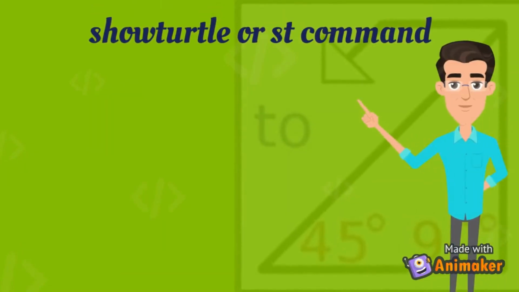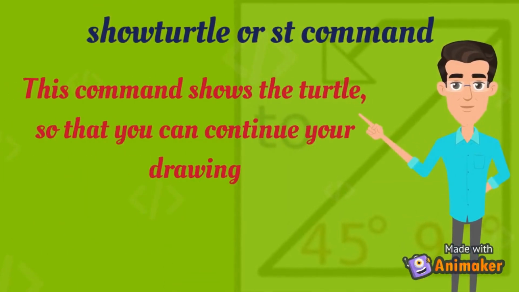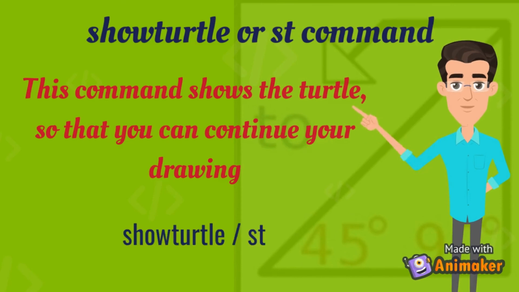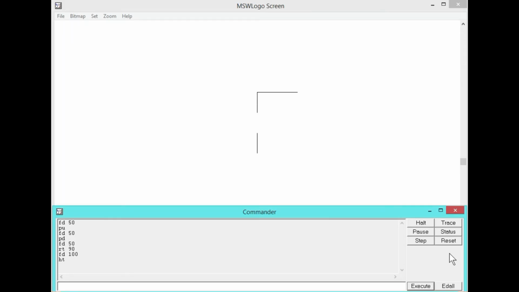Now we have show turtle or ST command. This command shows the turtle so that you can continue your drawing. Example, show turtle or ST. Now let's see how we can use the show turtle command in MSW logo screen.